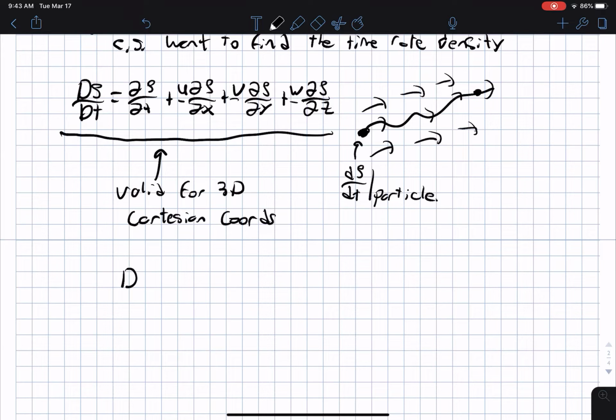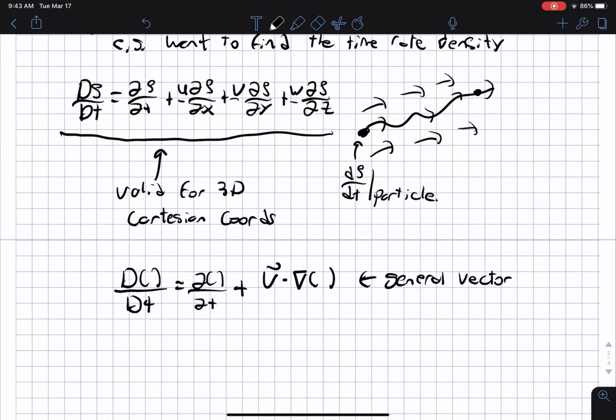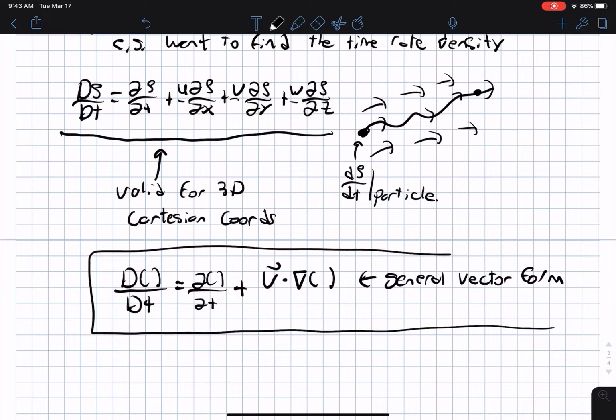Well, in general, in vector form, D dt equals partial t plus v dot grad of that operator. Okay, and so this is general vector form. Okay, and if you actually need to use something other than the 3D Cartesian coordinates, you could look up what this operator is in various coordinate systems.